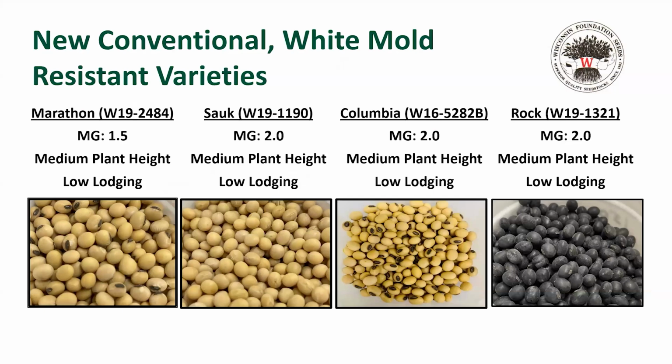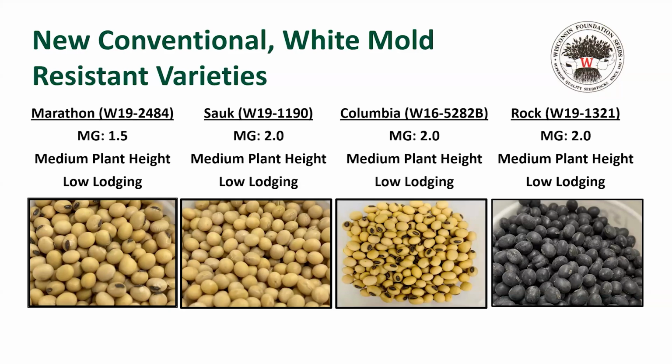And this is what these soybeans look like. They're very distinct in their phenotype. This Marathon on the left-hand side does have a very black hilum, but it's a maturity of 1.5, and it is a fairly decent bean. We've grown it up here in North Dakota, and it still holds up fairly well.